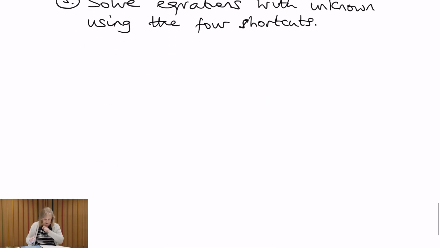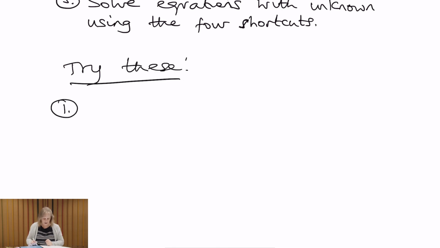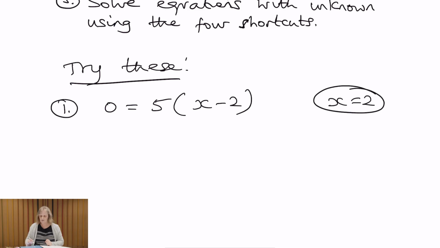And here are just 3 questions for you to try with their answers. You might find these useful just to practice a little bit. For the answer, you will get X is equal to positive 2 there.